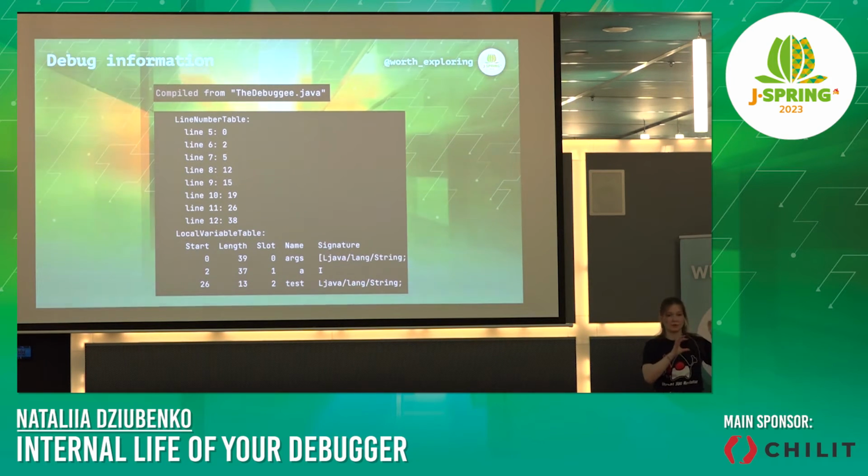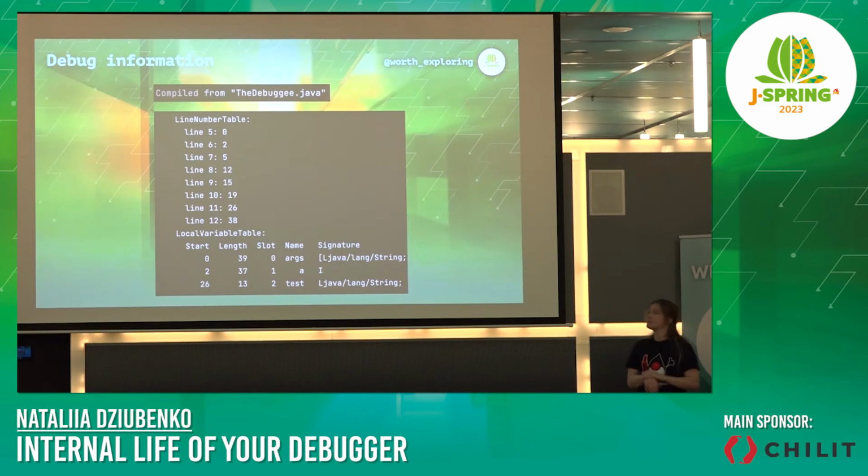One is at the start: the source code you compile from. Then there is a line number table. For Java, for example, javac generates this information: a mapping of Java lines to bytecode operation indices. Basically, we can do this mapping in JDI, for example.